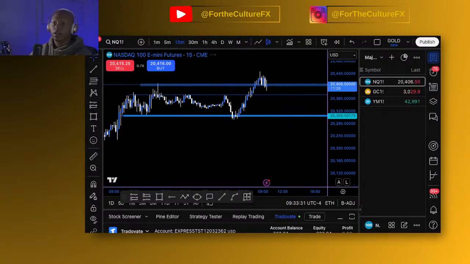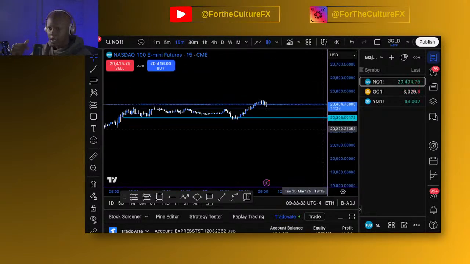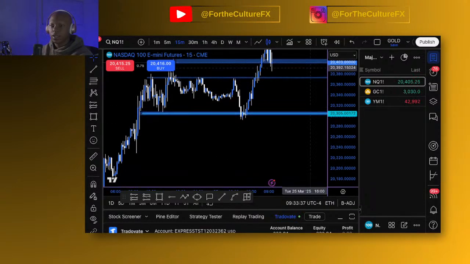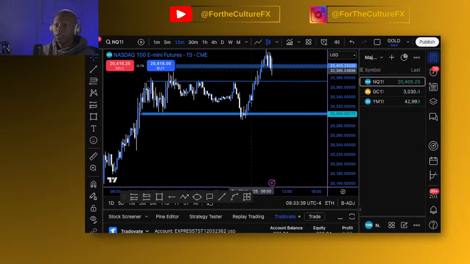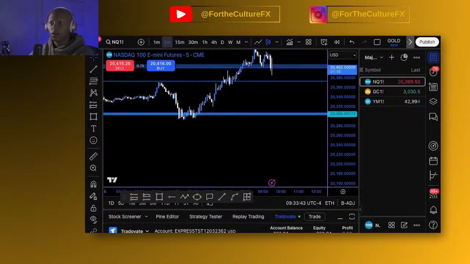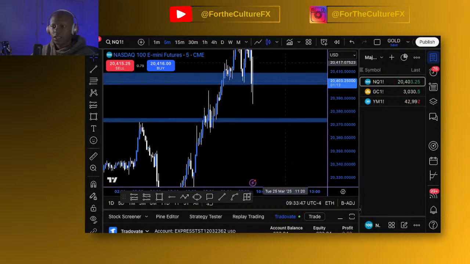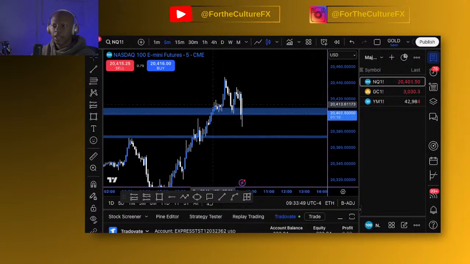So let's dial down to the smaller time frame and analyze the smaller time frame structure. Now I would be more inclined to taking a buy today, so we're gonna have to be patient waiting for our corrective structure, looking for that continuation of what our larger time frames are already showing us. Now what we are seeing here on the smaller time frame is that we had a low get created, a high, and then a lower low.